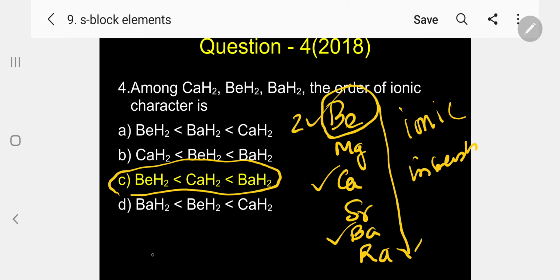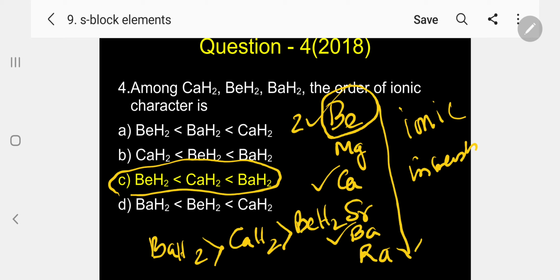So barium hydride is more ionic than calcium hydride, which is more ionic than beryllium hydride. Just compare where it is: only in C. Barium hydride greater than calcium hydride greater than beryllium hydride. Very, very easy. You can answer these questions. Please follow. The next question.